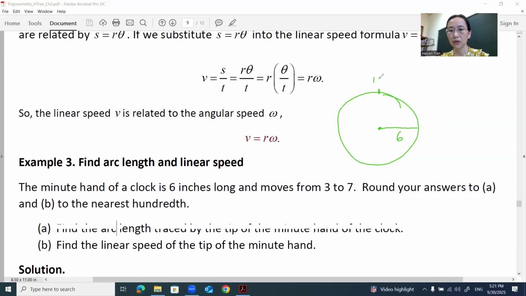So this is 12 o'clock. This is 1, 2, 3. And this is 3 o'clock. If from 3 to 7, let's quickly first get 6. Here's the 6 and 7. So from 3 to 7.